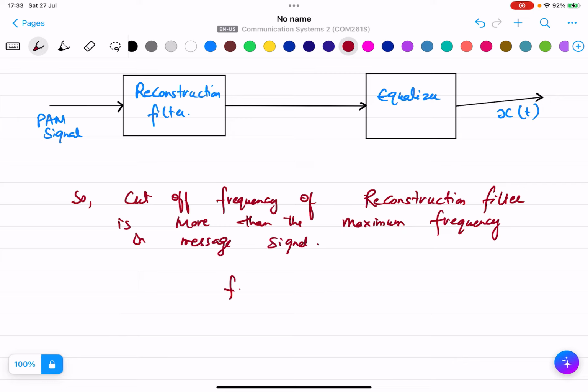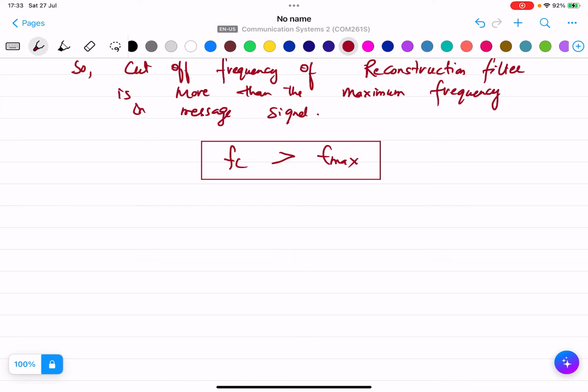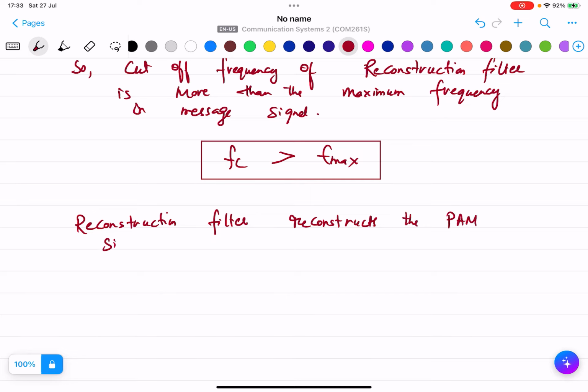Okay, remember fc will be greater than f max. The reconstruction filter reconstructs the PAM signal, and the rest is cut off.